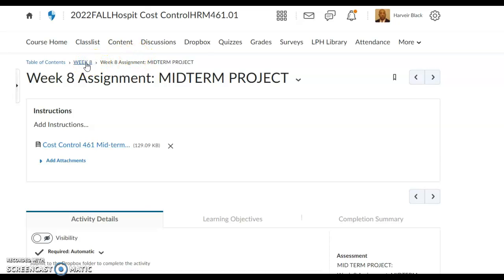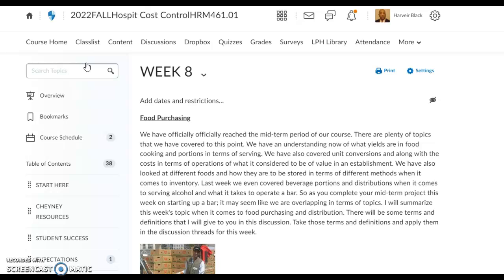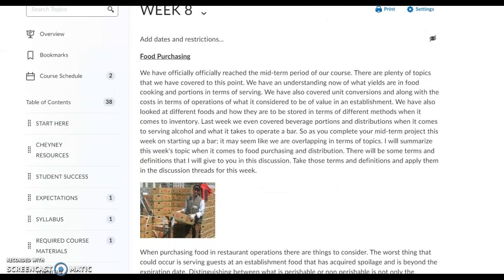Now, I know that we're connecting a bridge here together. As you can see, in week number 8 of the course, I talked about in the lecture how you are focusing on putting together this project to start up a bar and covering the cost in those different areas.